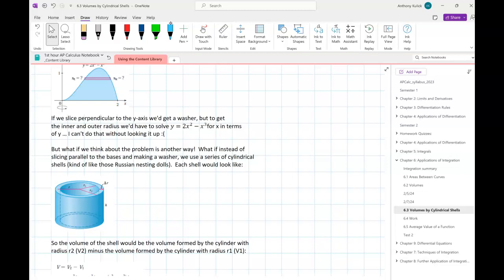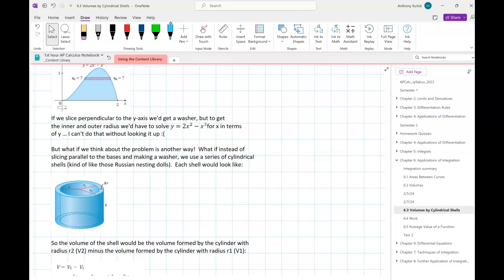So we're just going to peel it like an apple. And every time we peel, we'll calculate the volume of that skin that we just peeled, and then peel it again. We'll do that for infinitely many thin peels, and then add up the volume of each peel. Does that kind of make sense?